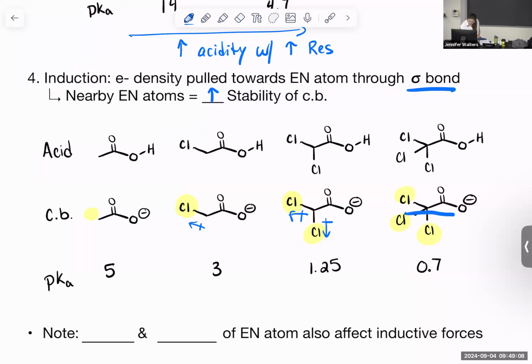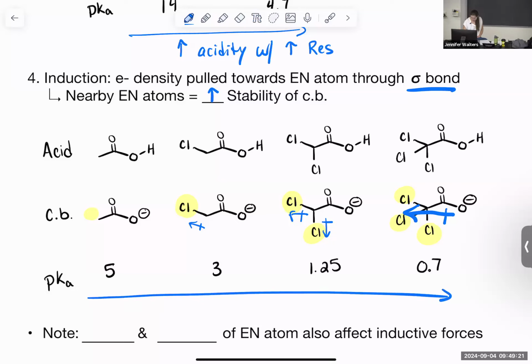It's spreading it out more. So then it's going to make it more stable. The more you can spread out the electron density, the more stable you become, the less reactive. The weaker the base, the stronger the acid. So we are increasing our acid strength here with increasing the number of nearby electronegative atoms.